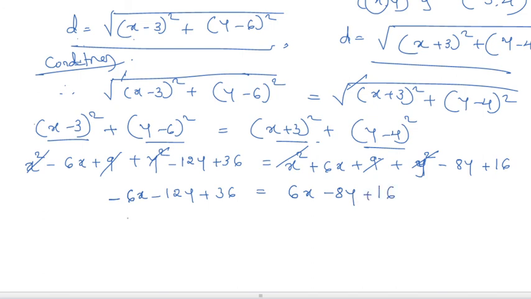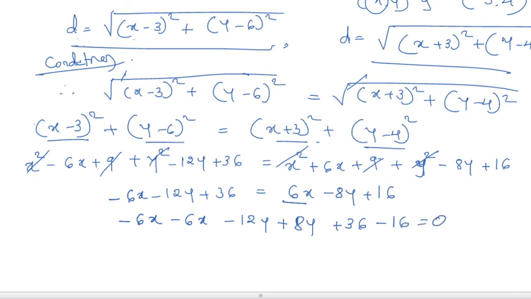Now rearranging the terms, 6x comes here and becomes minus 6x, minus 12y, 8y comes here and becomes plus 8y, plus 36 minus 16 is equal to 0.